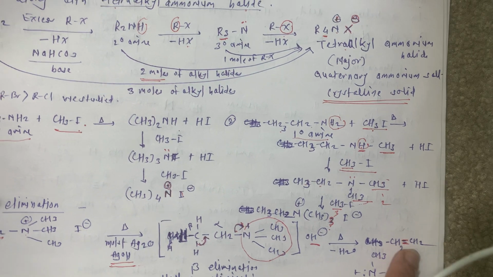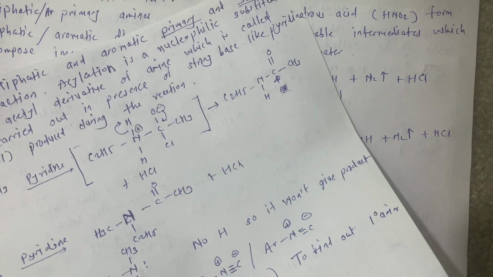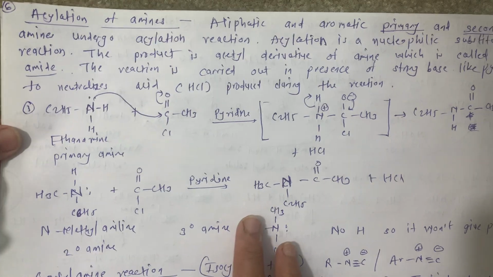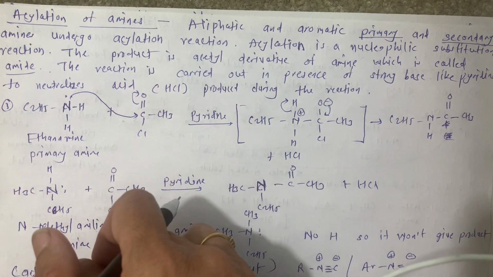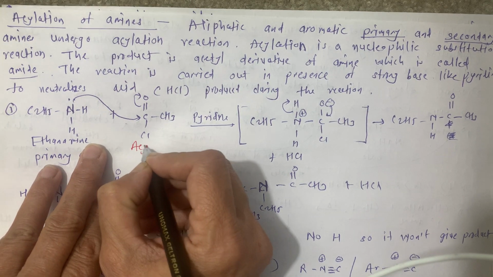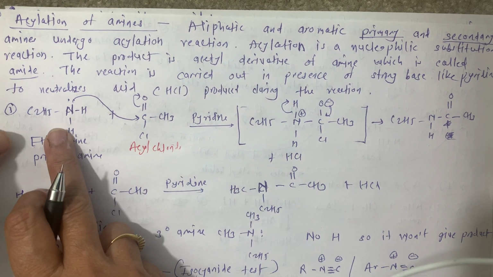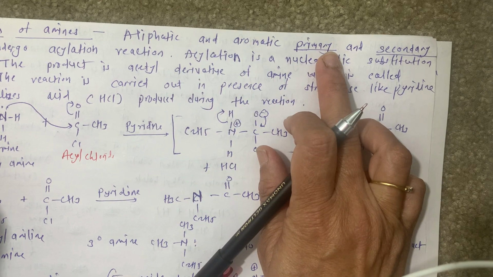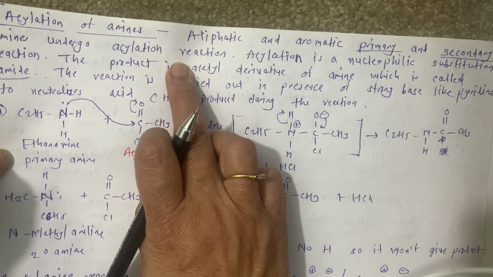Now next, after alkylation of amines, there is acylation of amines. Acylation means again the addition of an acyl group. This is our acyl chloride, which is going to react with primary amine. Aliphatic and aromatic primary and secondary amines undergo acylation reactions.